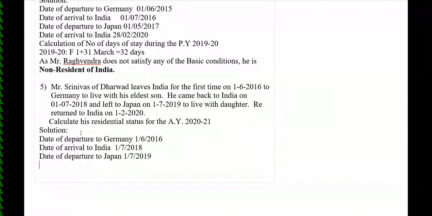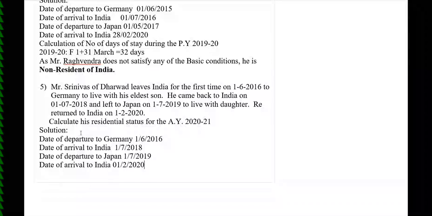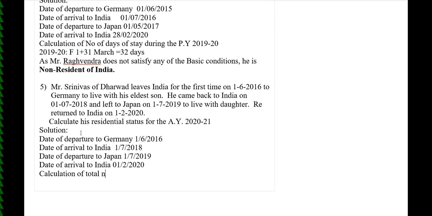Then date of arrival to India, that is 1/2/20. So now let us write down here calculation of total number of days of stay during the previous year 2019-20. So now let us see here what has happened during 2019-20.